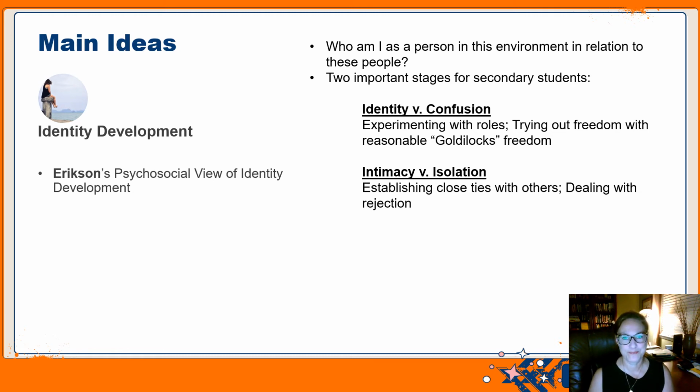The other stage that's important for secondary students is intimacy versus isolation. You see this with the whole boyfriend-girlfriend drama, those kinds of things, and the whole notion of dealing with rejection. So not only within the relationship realm of boyfriend-girlfriend, but also how students are dealing with rejection. We're a culture that likes the gold stars.